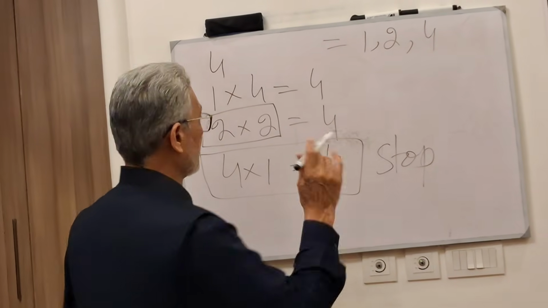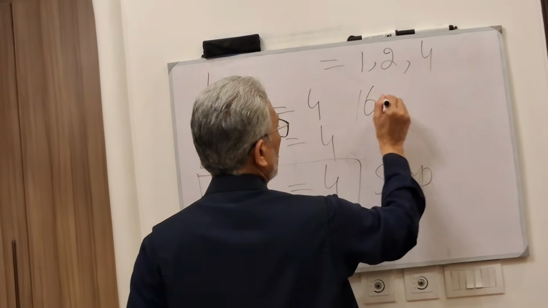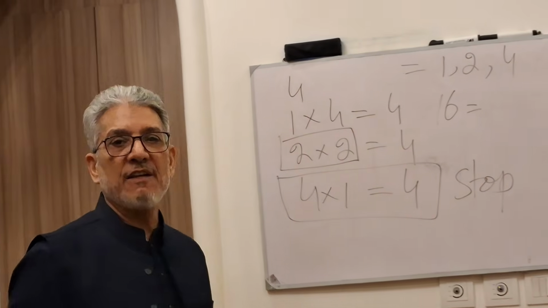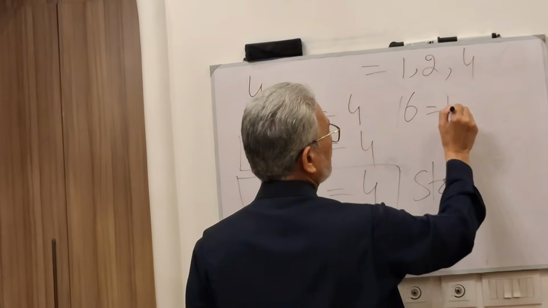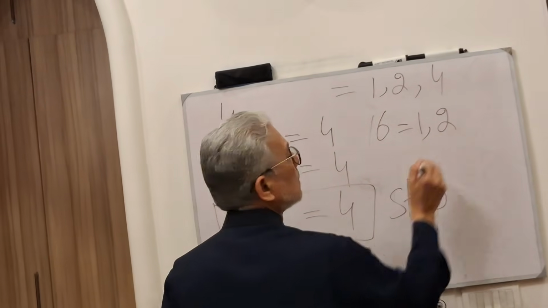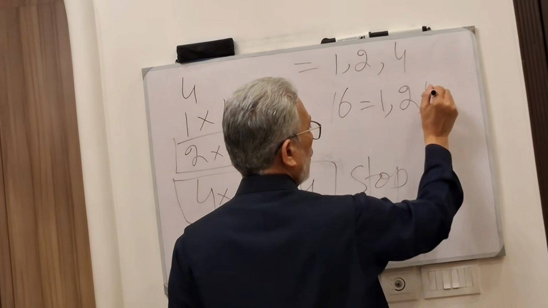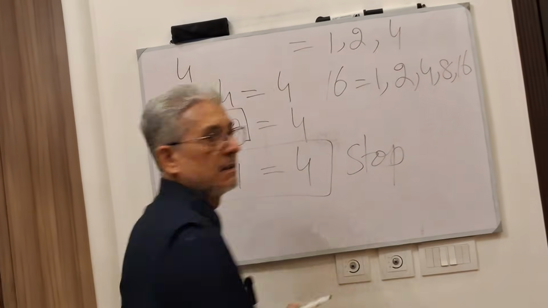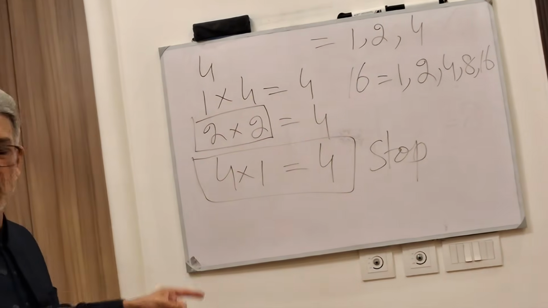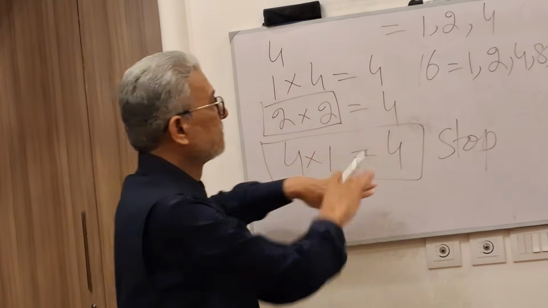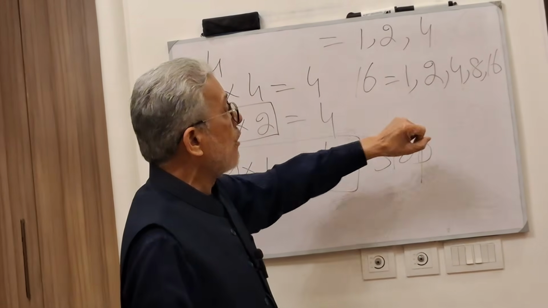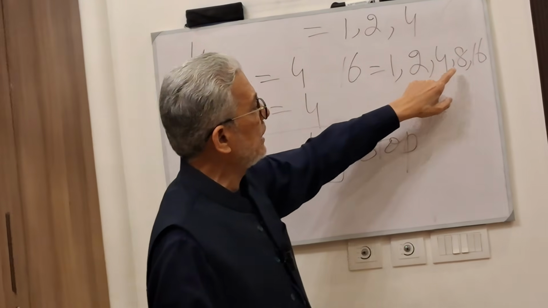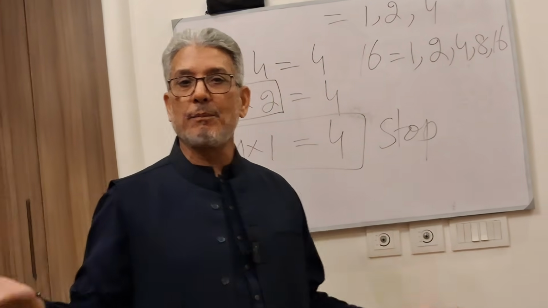Now see 16. How many factors? 1, 2, 4, 8, and 16. These are the factors which we calculated before. Now count: 1, 2, 3, 4, 5. 5 is an odd number.